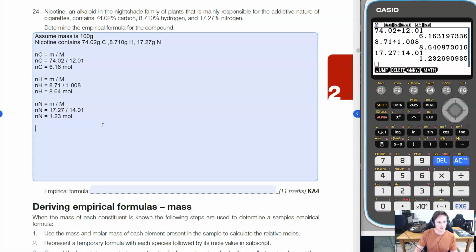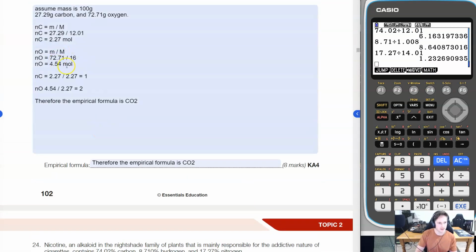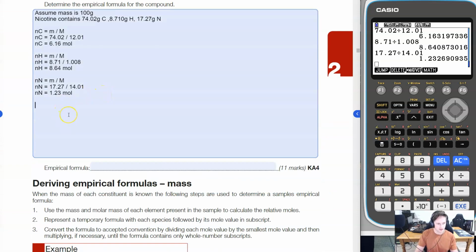Okay. So then we're going to be doing the number of moles of carbon, number of moles of hydrogen, number of moles of nitrogen. So we have 6.16, 8.64, and now what's the lowest number? It's 1.23. So we're doing our ratios now.